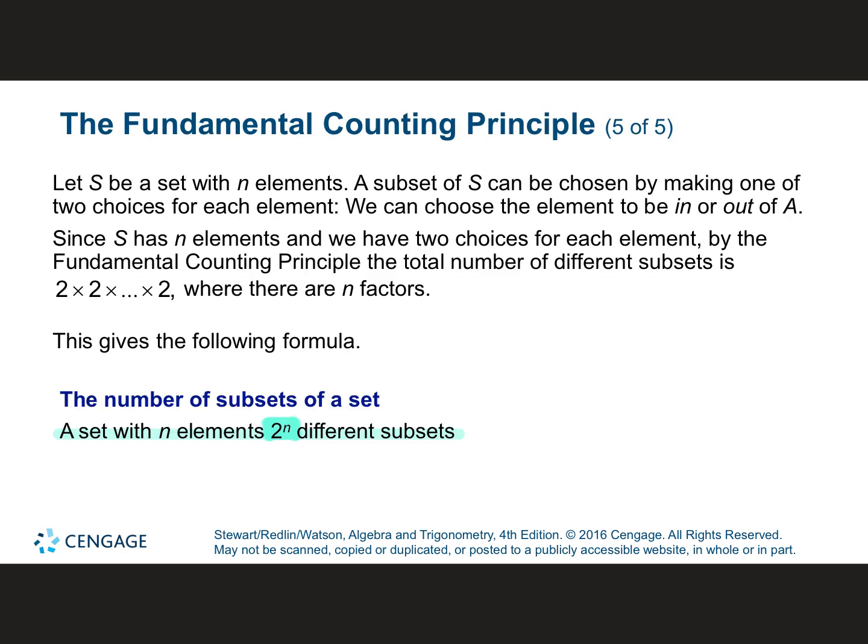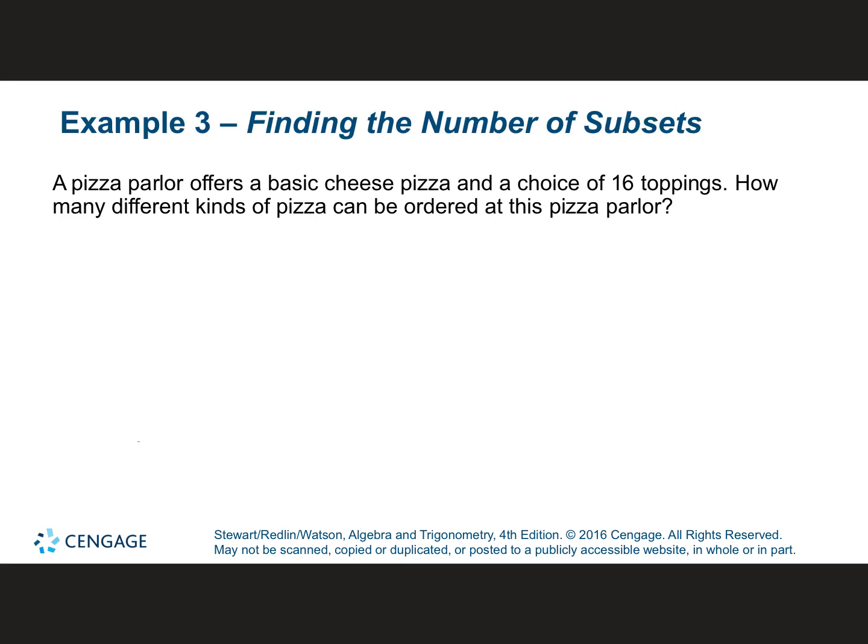The next part we're going to look at goes over your fundamental counting principle with subsets of a set. With these, the best way to do this is to look at an example. Your different ways of something happening is going to be your power in this case. So this is just factors. If you look at the third example that you see here, it tells you that a pizza parlor offers a basic cheese pizza and the choice of 16 toppings.